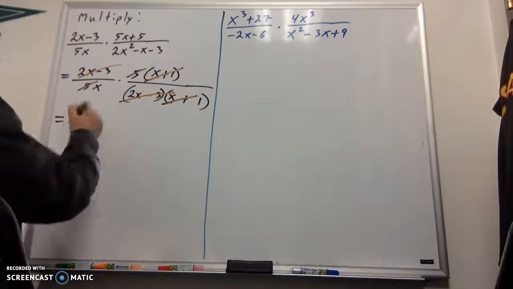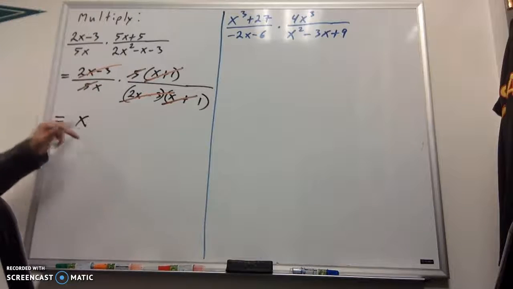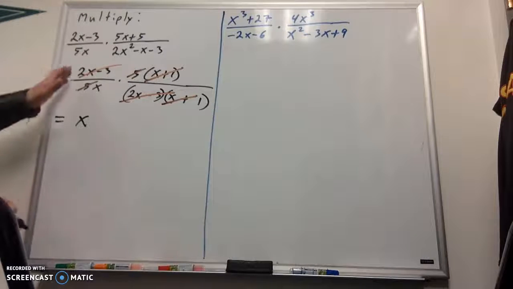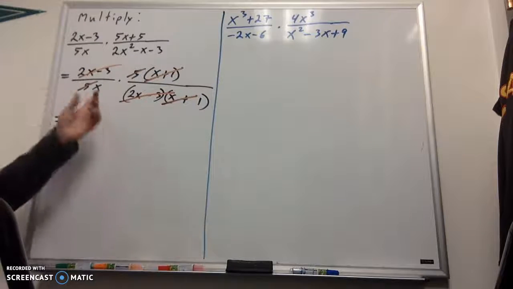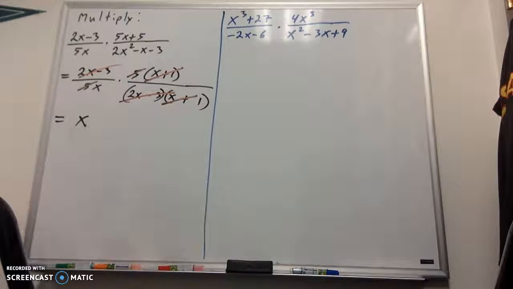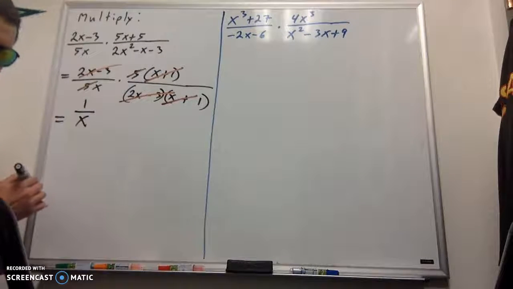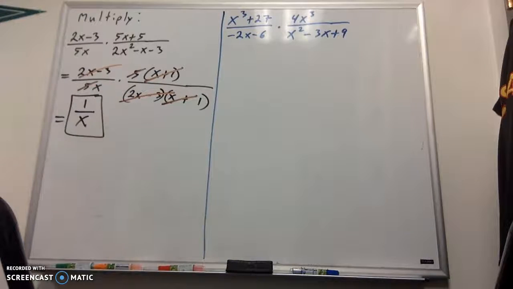Wow, everything dropped out except for the x. If that's what you're going to circle as your answer, then you're going to be wrong, okay? I talked about this in another video, but if everything drops out in the numerator like that, the answer isn't just the x in the denominator. You still got a 1 in that numerator, okay? Now it's done.